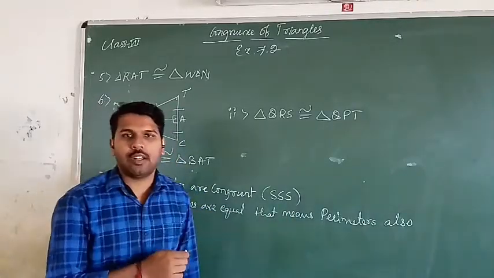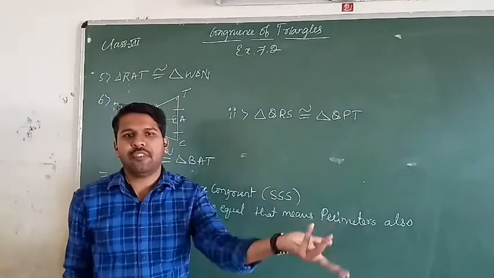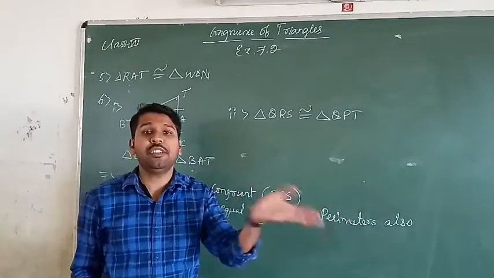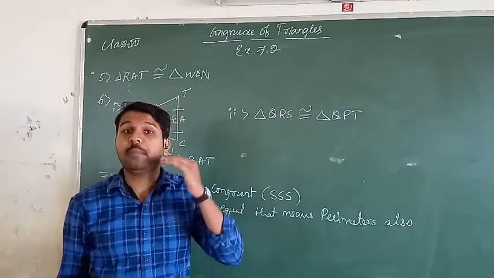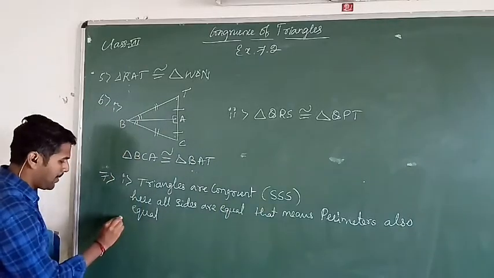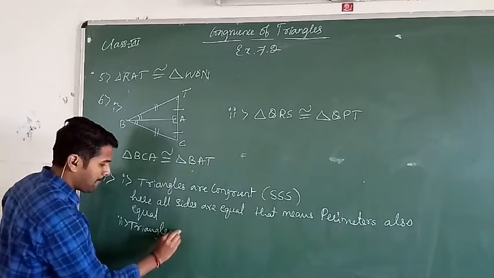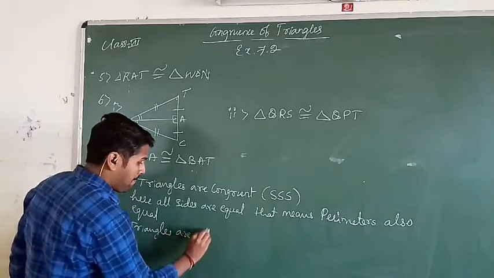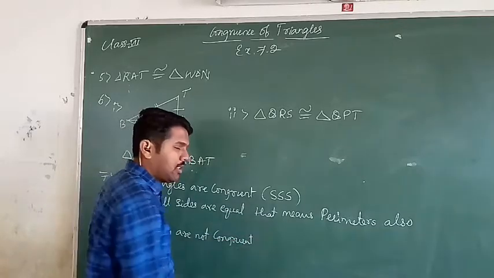Triangles are not congruent. That means the perimeters are not equal because sides are different. Their areas will change, but their areas they given equal. That means their perimeters may change. So second one, triangles are not congruent.